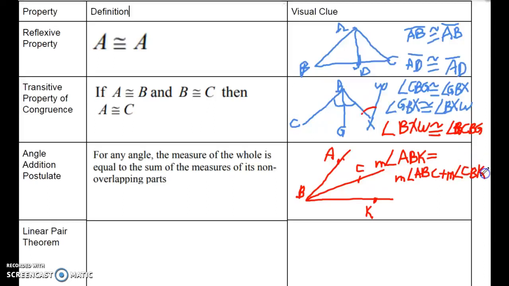That's all it's saying. So this whole thing is equal to this plus this, because those are non-overlapping.